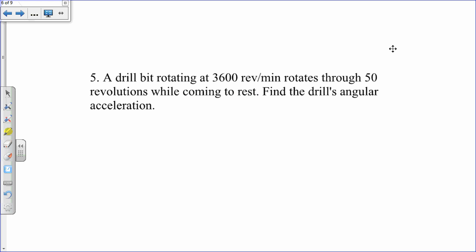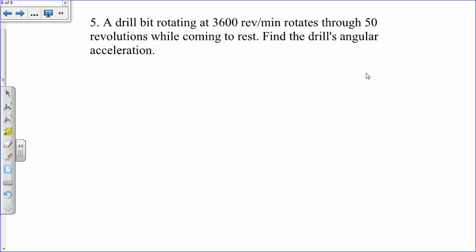All right, number 4. A drill bit rotating at 3,600 revolutions per minute rotates through 50 revolutions while coming to rest. Find its angular acceleration. Let's just write down what's given to us. Omega naught is 3,600 revolutions per minute.